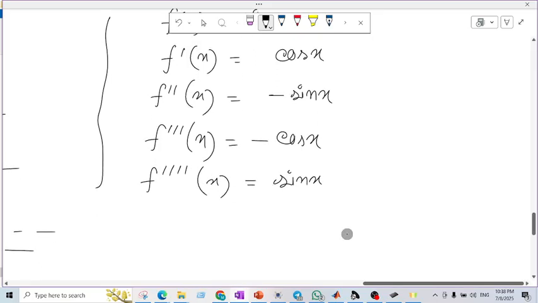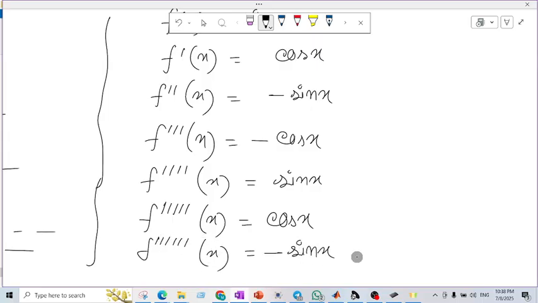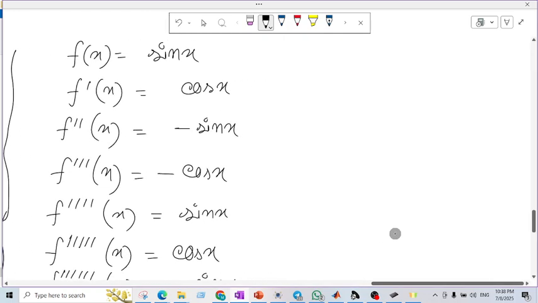Let me just differentiate it twice more: the fifth is cos x, and the sixth is minus sin x. Now I have to put these values here.